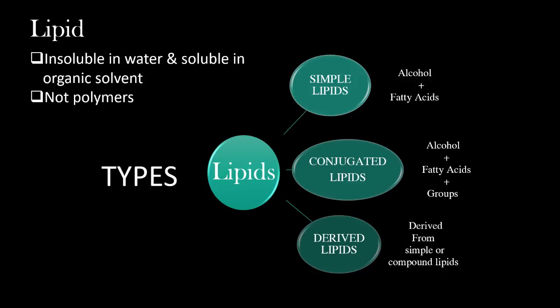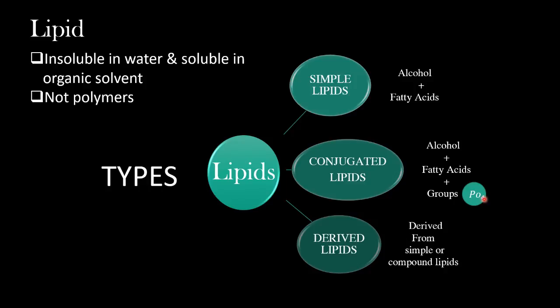Next, the types of lipids. There are three types of lipids: simple lipids, conjugated lipids, and derived lipids. In simple lipids, there is just an alcohol group and a fatty acid group. In conjugated lipids, we will have an additional group along with alcohol and fatty acid, like phosphate.